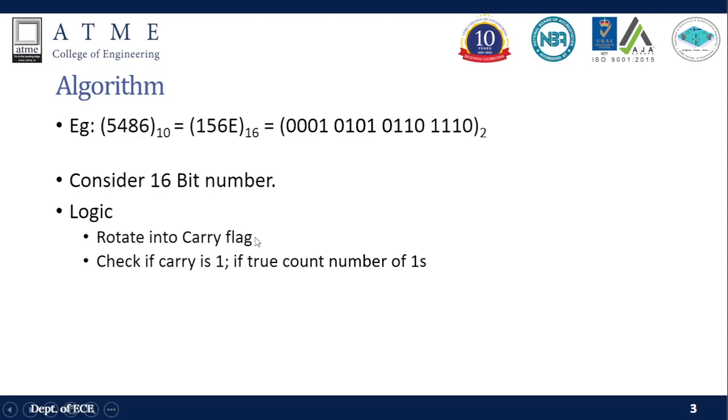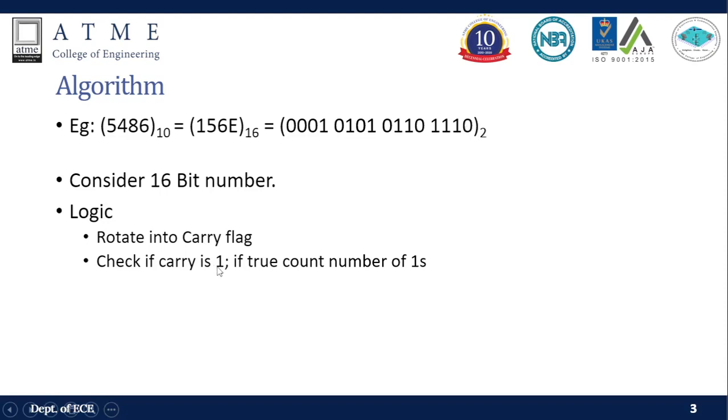Since the ARM processor already has this option of using an assembly level rotate instruction, and there is also the option of checking if there is a value stored into the carry during the rotation operation, we are going to use this feature to check that if a rotation happens, and during that rotation, if a 0 comes into the carry flag or if a 1 comes into the carry flag.